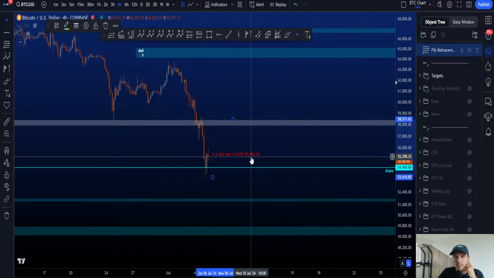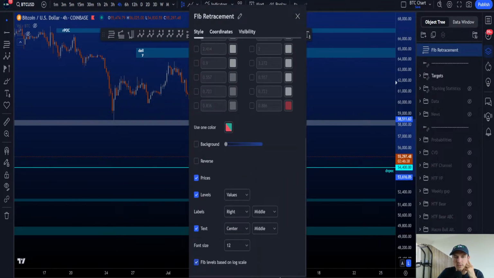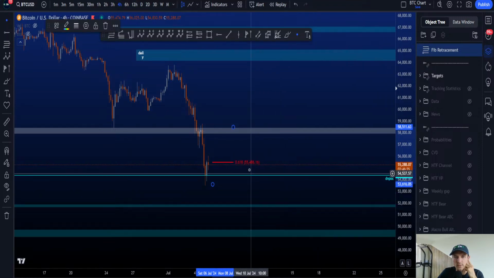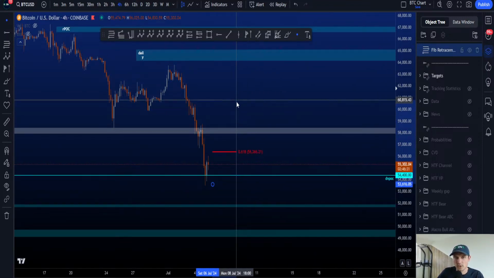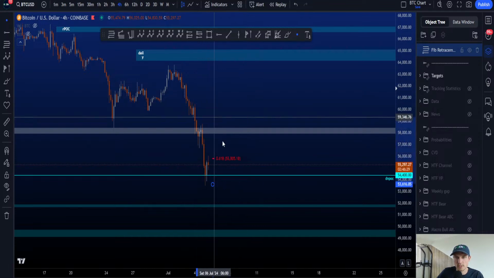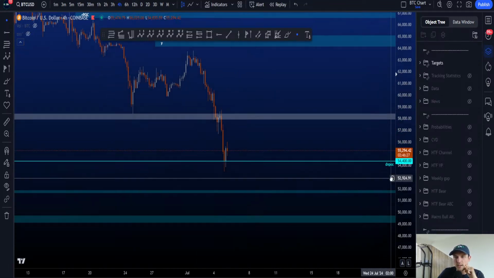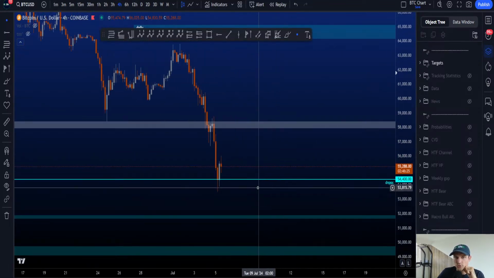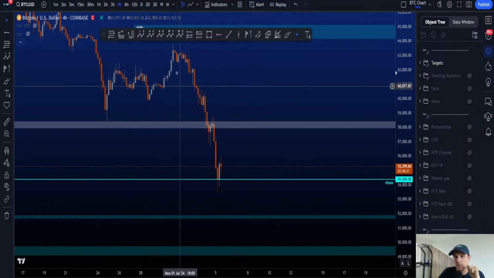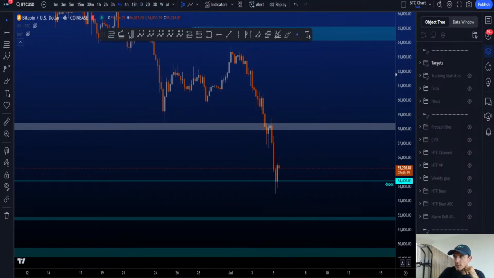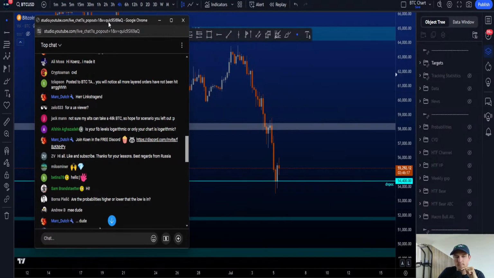And then let me go back and turn log on and go to the linear chart, 55,486. I mean, there's not even a difference between having the log fib here locally. So that's why I always have log on my fibs, because on the linear scale on the lower time frames, it doesn't do anything. But it will save you time when you work on different time frames.